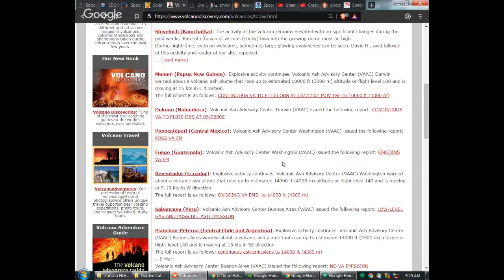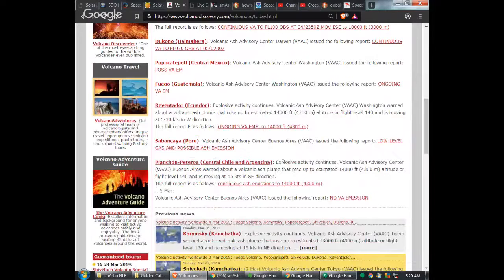Continuous emissions with a 10,000-foot ash plume at Dukono. Popocatépetl, possible emissions. Fuego, ongoing emissions. Reventador with a 14,000-foot ash plume. Sabancaya, low-level gas and possible ash. And Planchón-Peteroa with a 14,000-foot ash plume there. So a little volcanic uptick, folks.